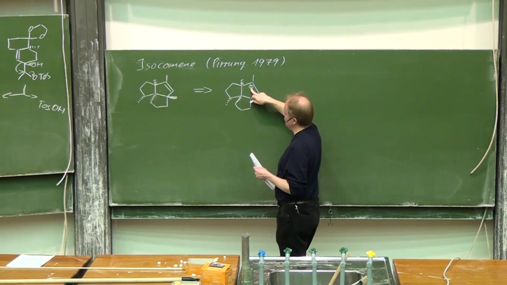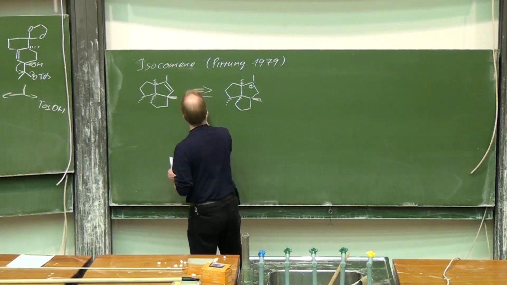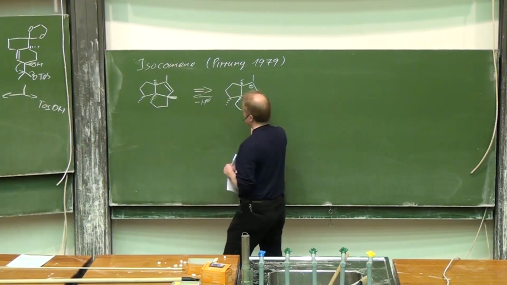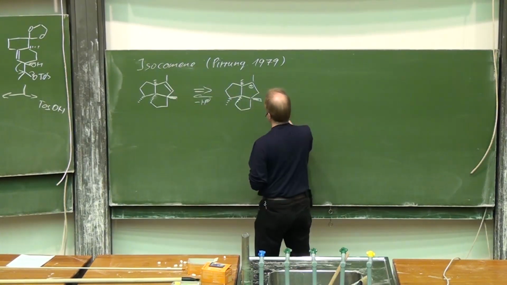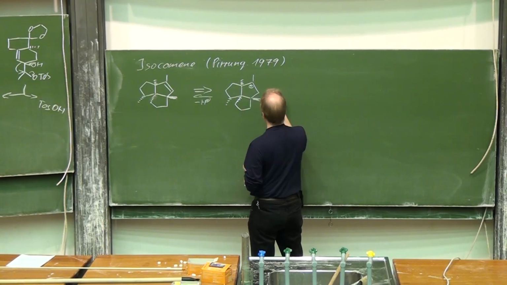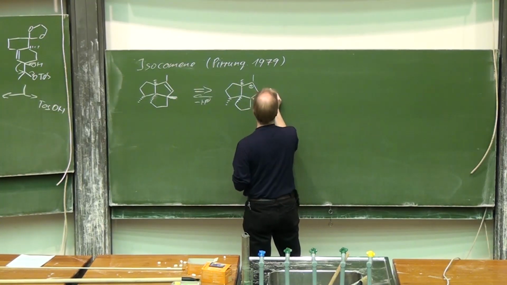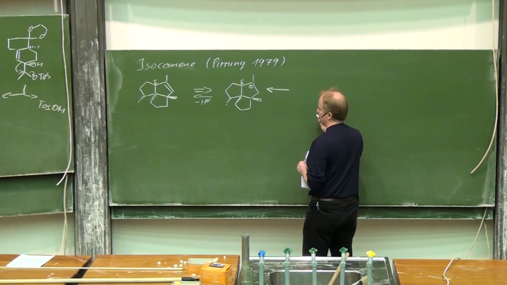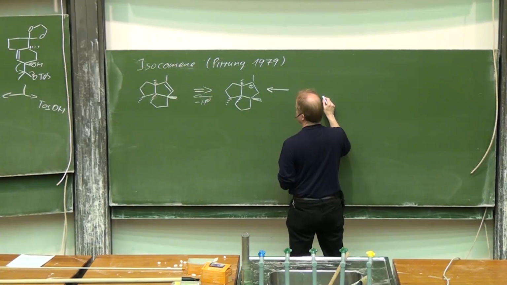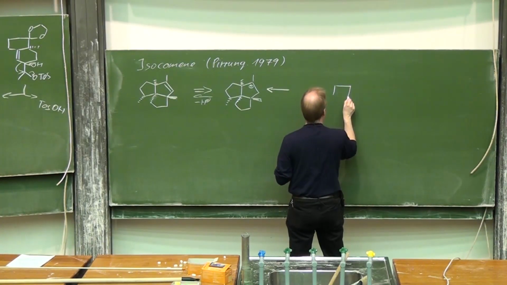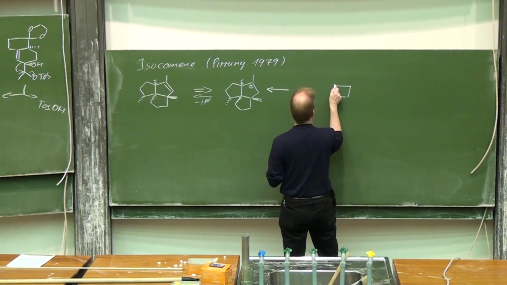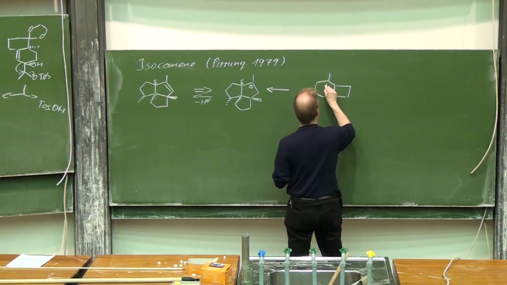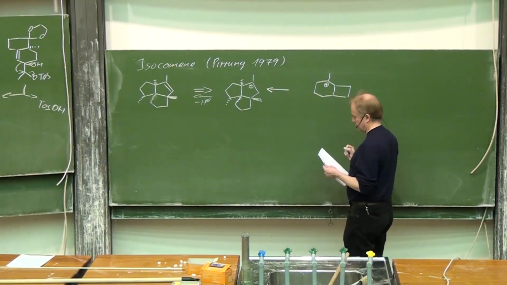With a carbocation there. H plus eliminates. And this carbocation could derive from a rearrangement having a 4-membered ring here, a 6-membered ring there, carbocation at this position.